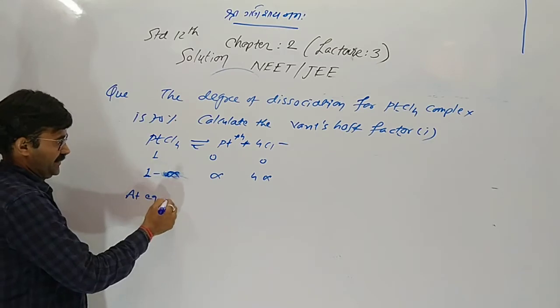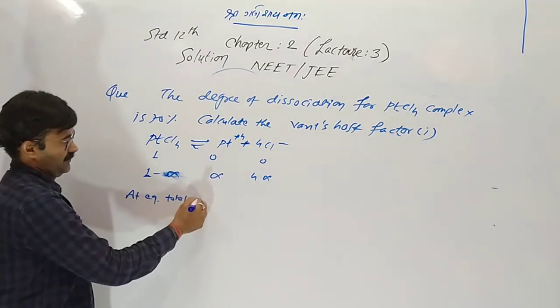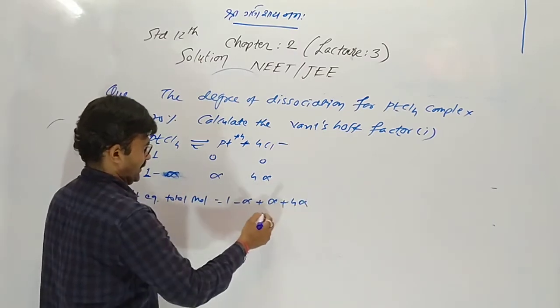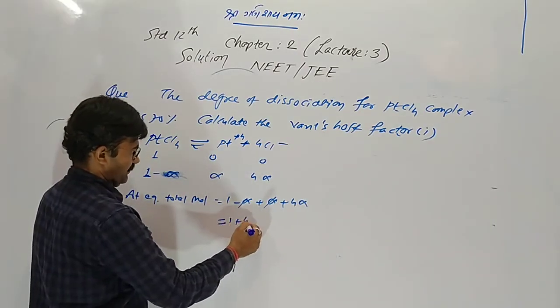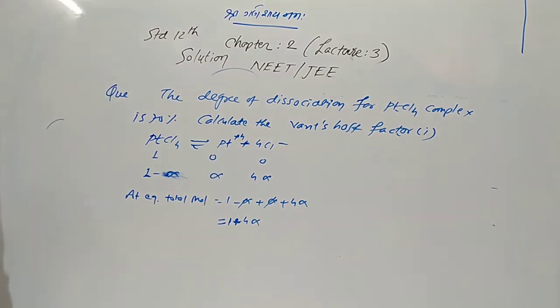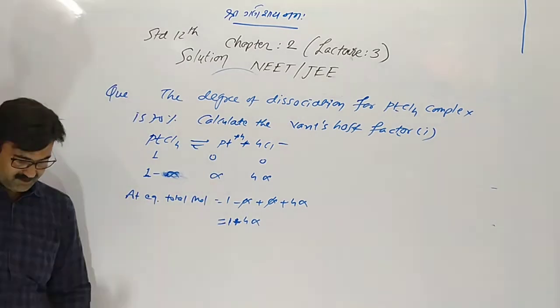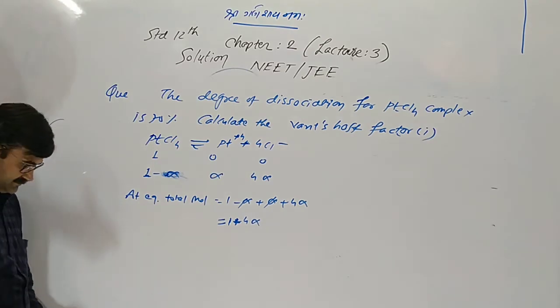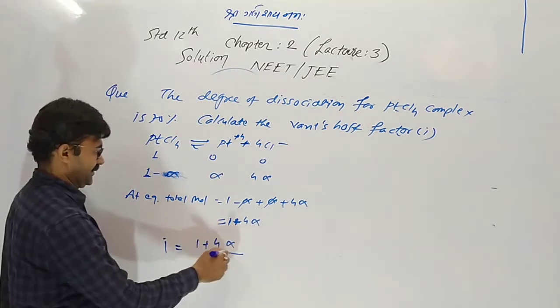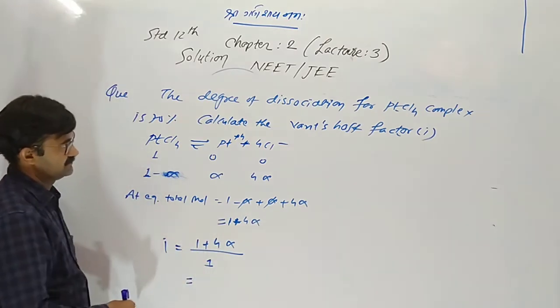So at equilibrium, total moles are 1 minus alpha plus alpha and 4 alpha, so 1 plus 4 alpha. So i will be total moles at equilibrium upon initial.